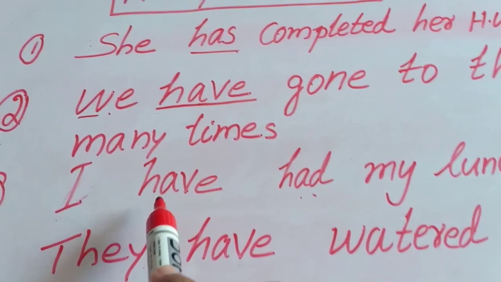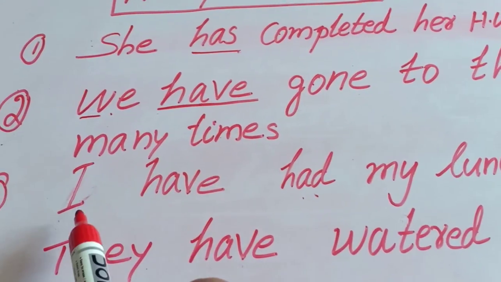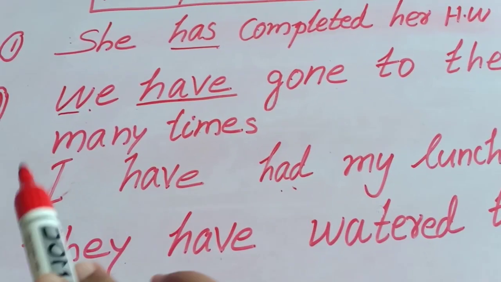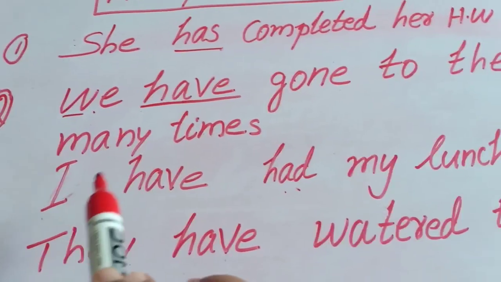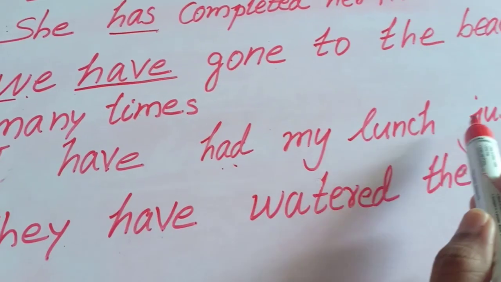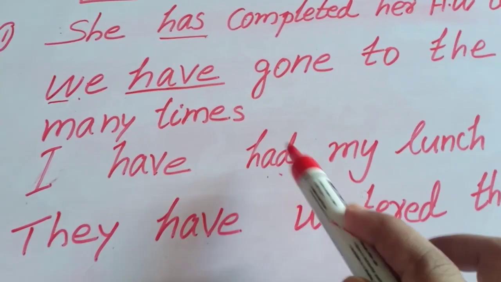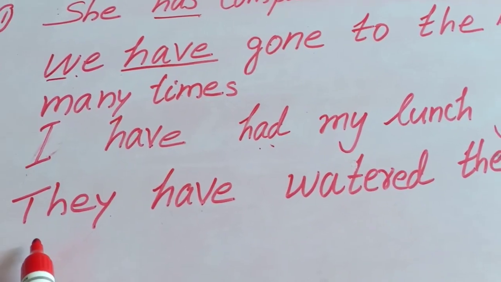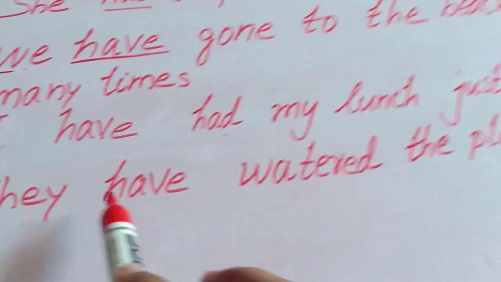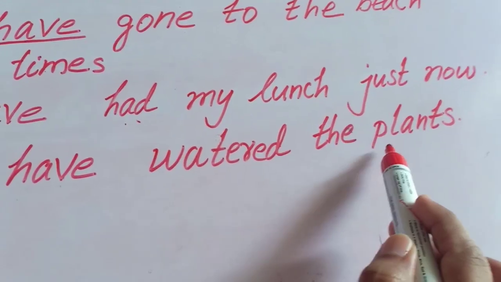We always use have along with I. I have. Don't use I has. I have had my lunch just now. What's the meaning of had here? Completed. Okay, next one, they. They is plural. So we use have. They have watered the plants.